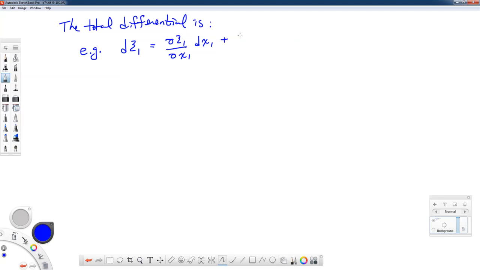And likewise, we need to add in the effects from the other two directions on that one component for xi. So it's partial xi 1 with respect to x2, dx2, and then the partial derivative of xi 1 with respect to x3, dx3. Now we can have two similar relationships for d xi 2 and d xi 3.